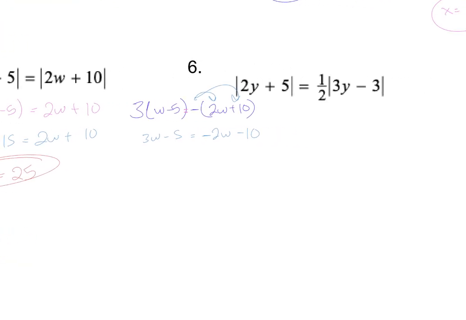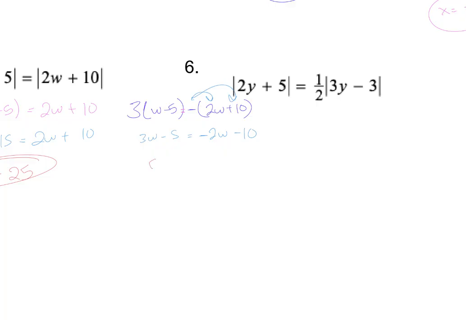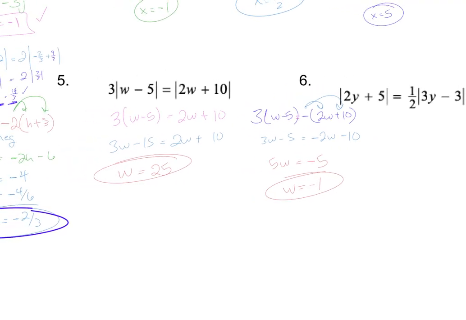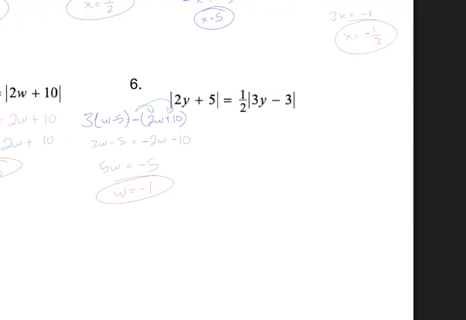That's one of the answers. And then I'm going to add 2w. I'm going to add 5. And I get w is negative 1. If I went a little fast, it was just with my distributing and subtracting and adding and things like that. Slow down and watch what I did, or write out what I said if you'd like.